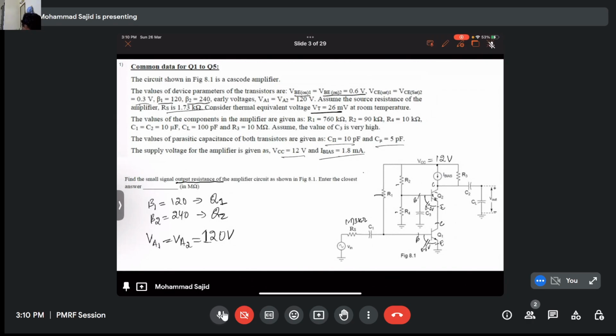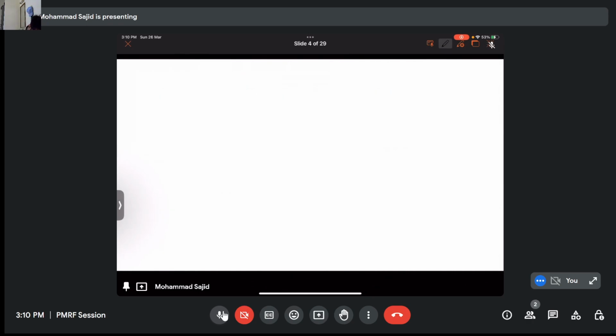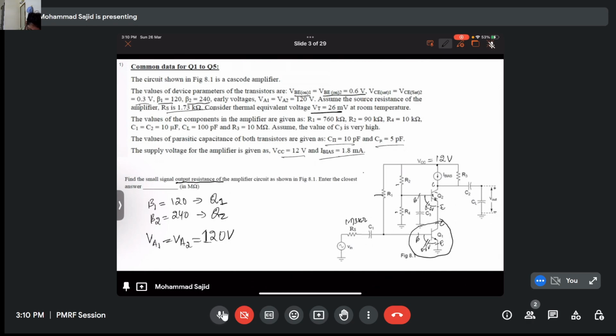Let's first draw for Q1. Let me just start from the bottom so we can draw then for Q2 as well. So it will start with V in, then we have the series resistance. Let's assume the capacitances are all shorted. So we'll just have R1, and we will ground this VCC.